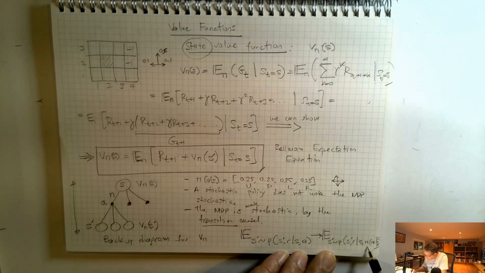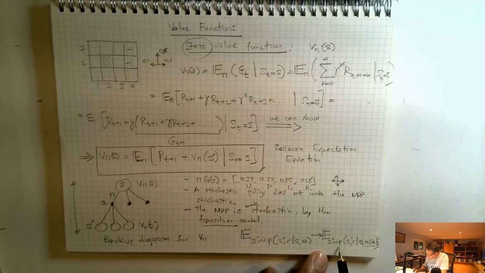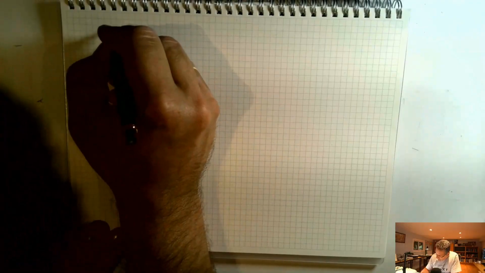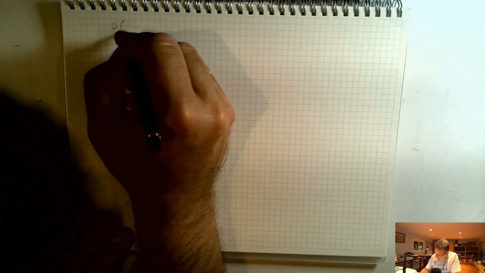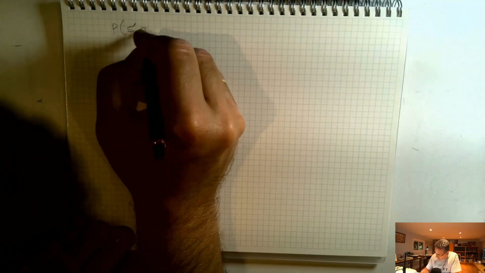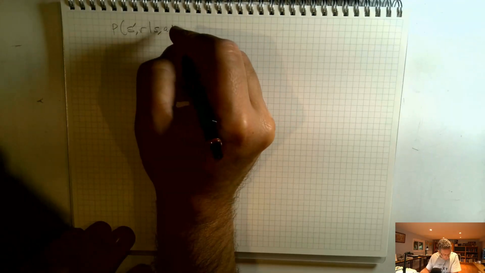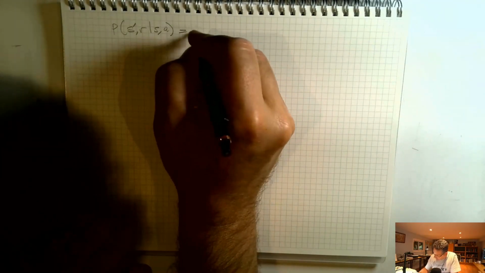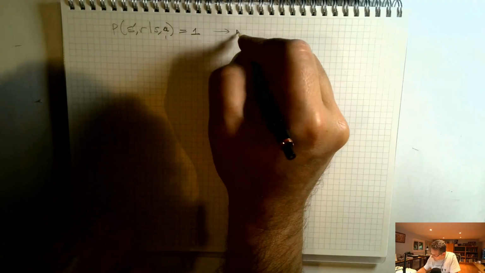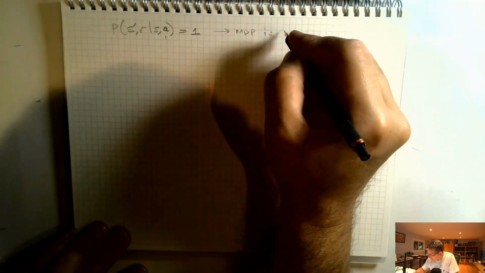But as we discussed, even if this policy is stochastic, if this probability distribution is not, in other words, let's make it a bit more specific: if the transition model of S prime comma R given S comma A is 1 for the specific action we have taken, the MDP is deterministic.